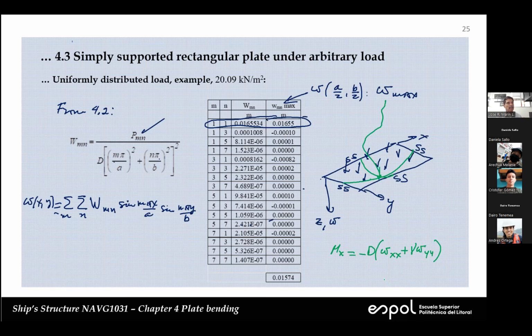Yeah. So you integrate, evaluate load, evaluate deflection, evaluate moment, and as Ms. Arechua said, with the moment, finally you get stress.